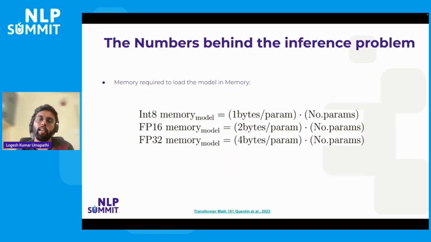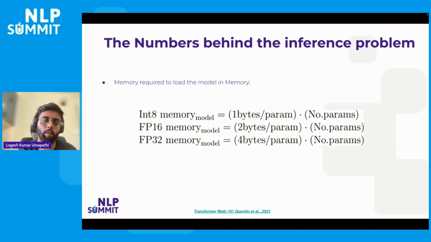So, the numbers behind the inference problem. Whenever we say a model of a certain number of parameters, we would need a quick thumb rule to understand what would be the memory requirement of that particular model.